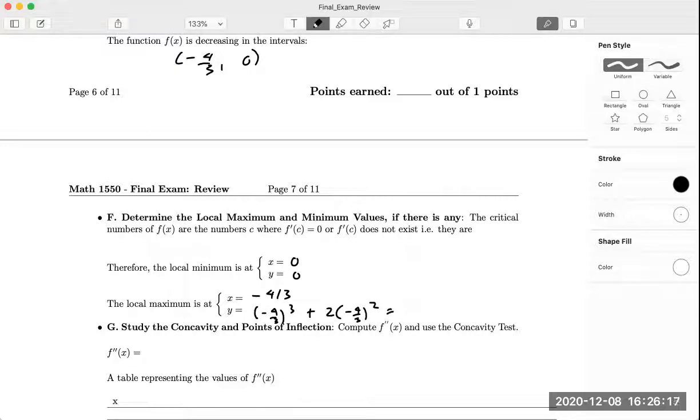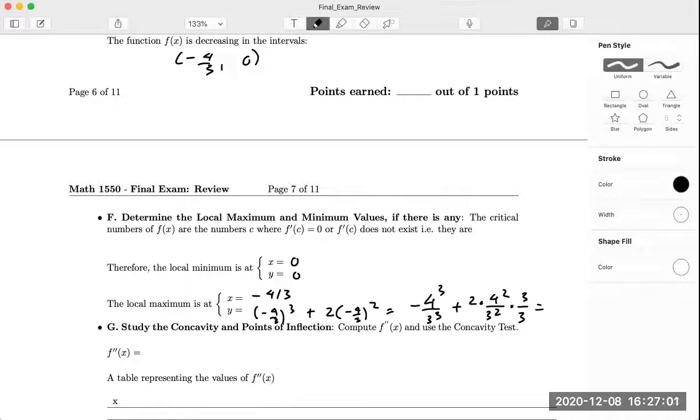Okay. This gives us negative 4/3 cubed, which is negative 64/27, and here 2 times 4 squared divided by 3 squared. Then they don't have the same denominator. We can make them have the same denominator, so we multiply by 3 and divide by 3.